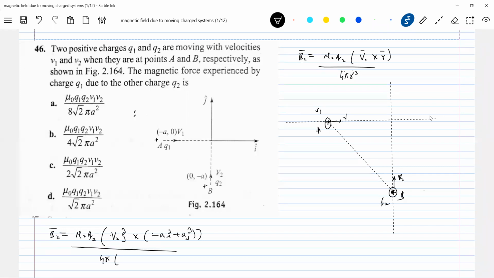R will be root of A square plus A square, which is A root 2. So A cube times 2 to the power of 3 by 2, or 2 root 2.